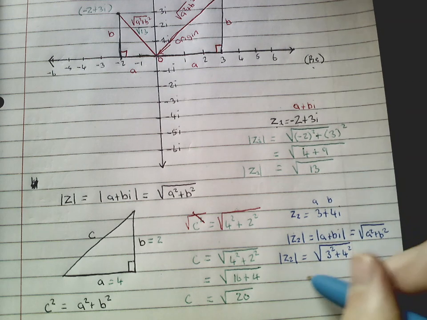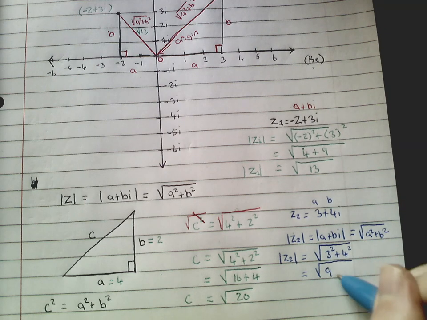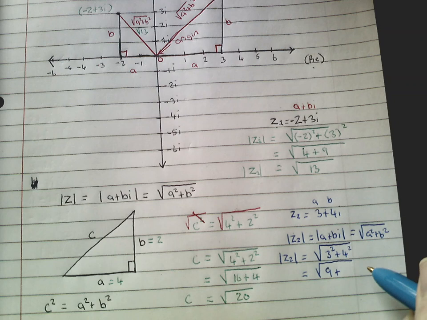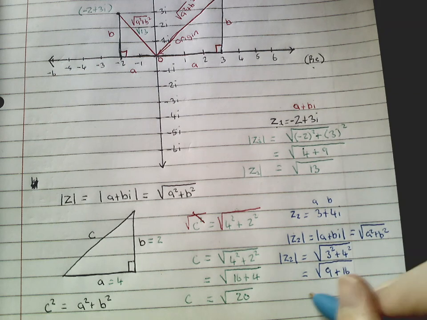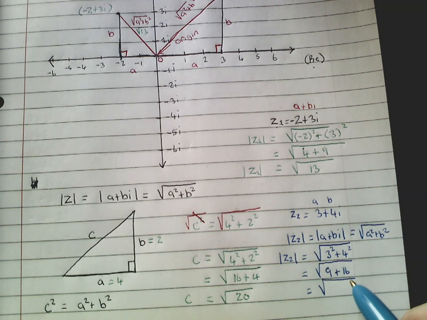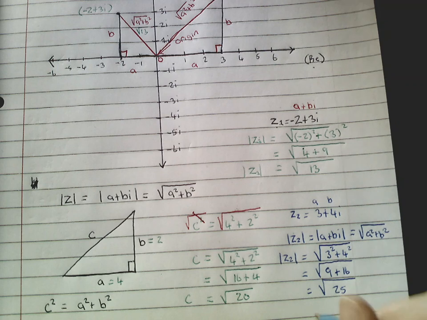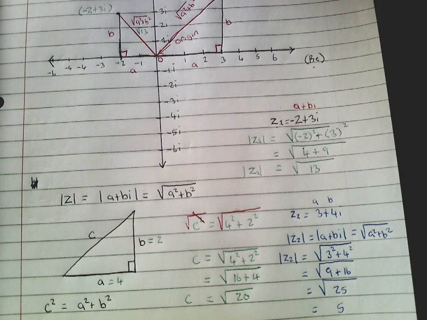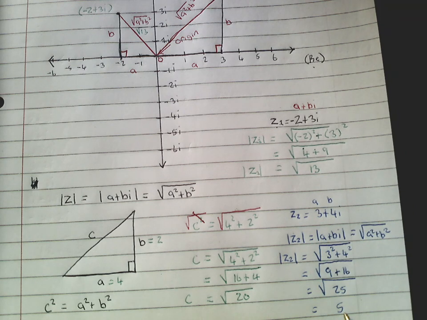So we work this out: 3 times 3 is 9, plus 4 squared is 16. This is equal to the square root of 9 plus 16, which is 25, and then the square root of 25 is equal to 5. So the modulus of this complex number 3 plus 4i is equal to 5.